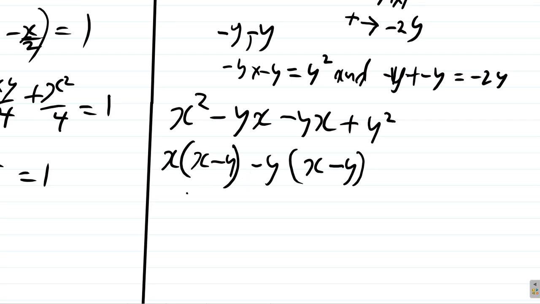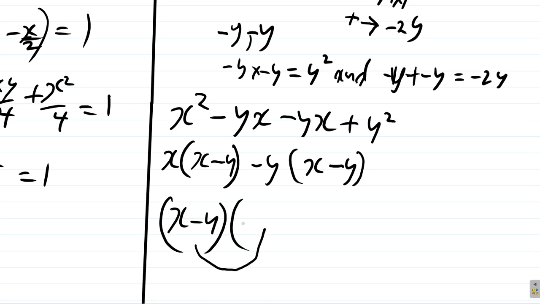So if you factor out x minus y, you get x minus y bracket, and then x minus y times this will give you x times x minus y is going to be x. Then x minus y times this is going to be negative yx, so it's going to be minus y. So this is what you get on the left hand side.